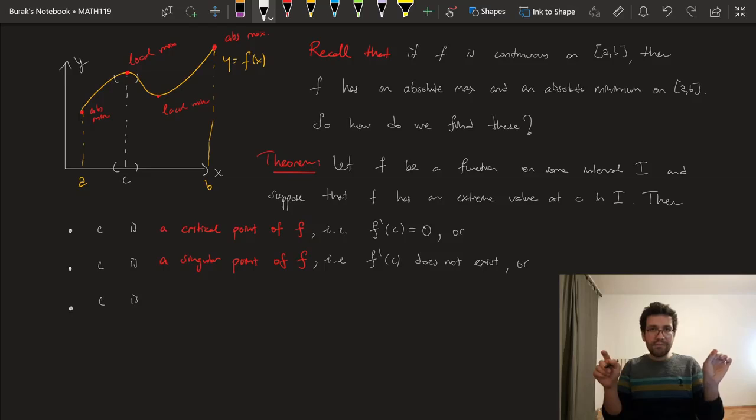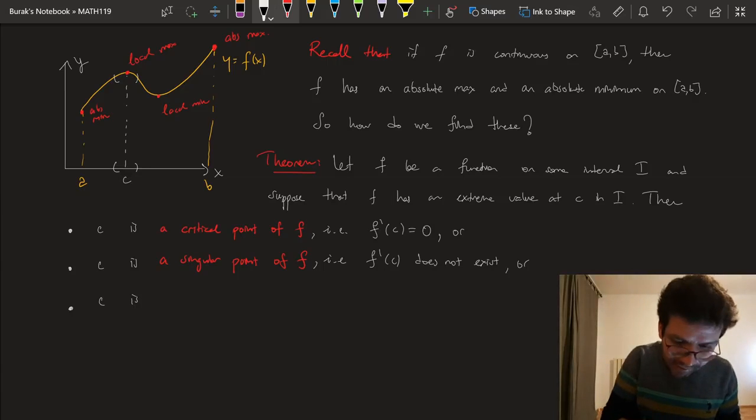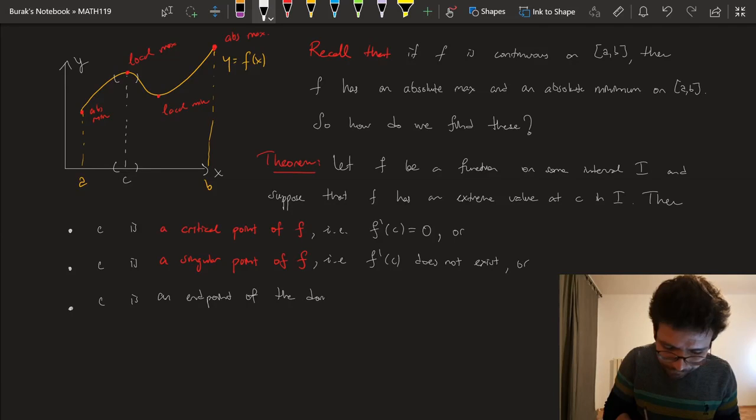So if it's the endpoint, you can't talk about the derivative. You can talk about right or left derivatives, but you can't talk about the derivative. So the third case says maybe I can't check the derivative because I'm at an endpoint. So this is the last case. C is an endpoint of the domain of f.